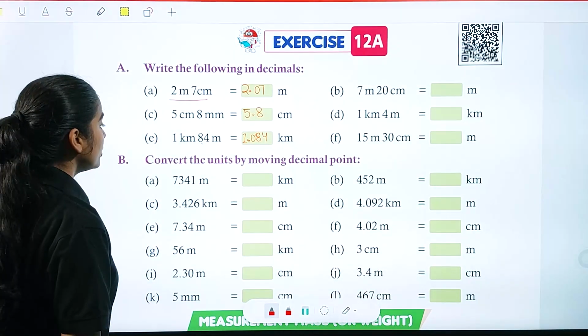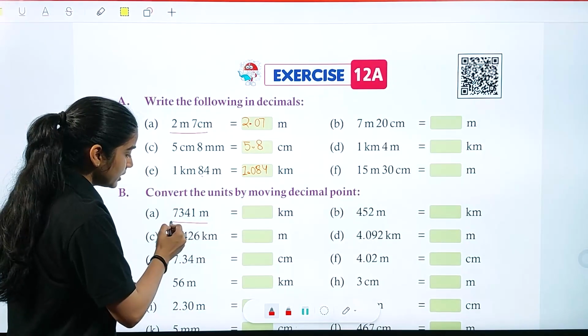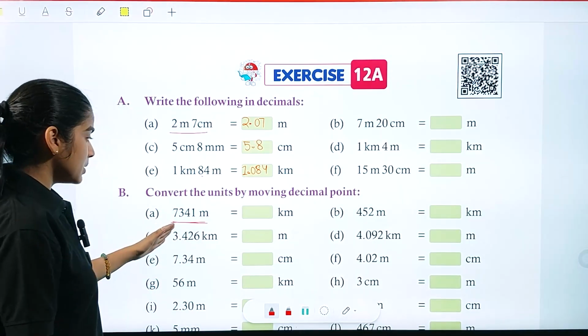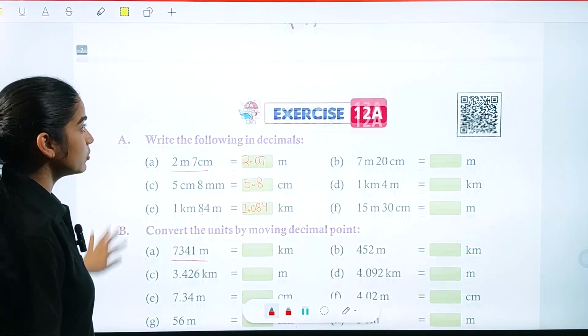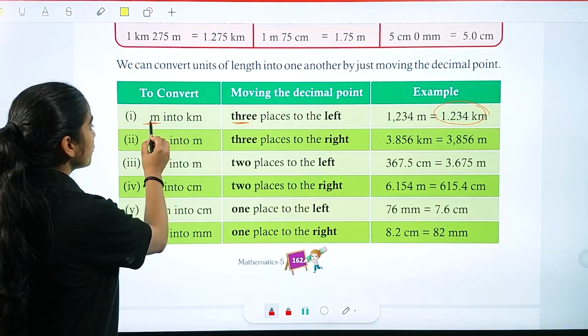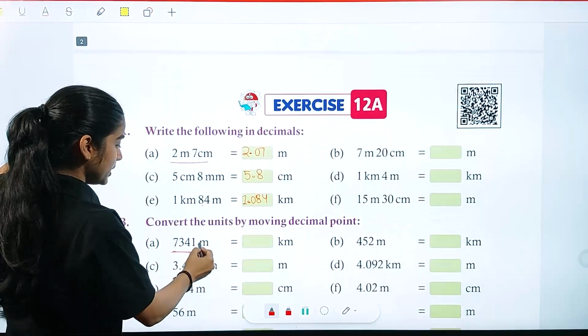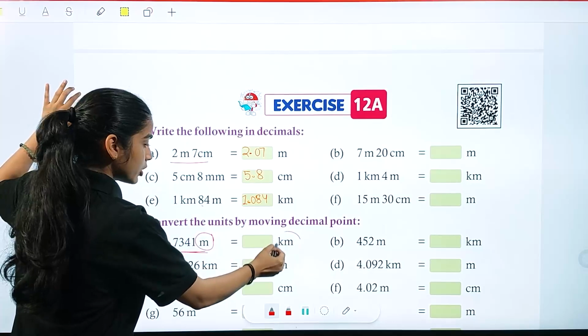Now convert the units by moving the decimal point. Now you have to convert these numbers, this meter into kilometer. How can you do that, which we learnt in this? We have to convert meter into kilometer.